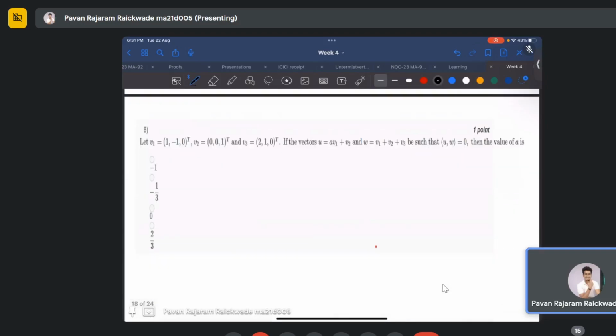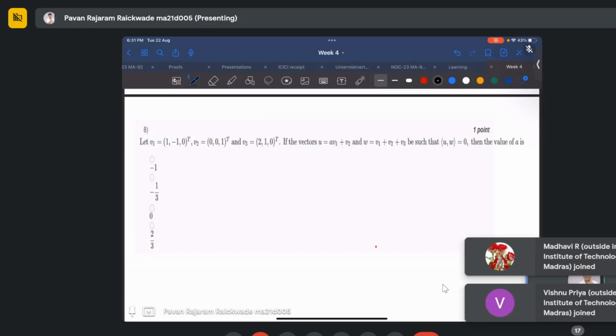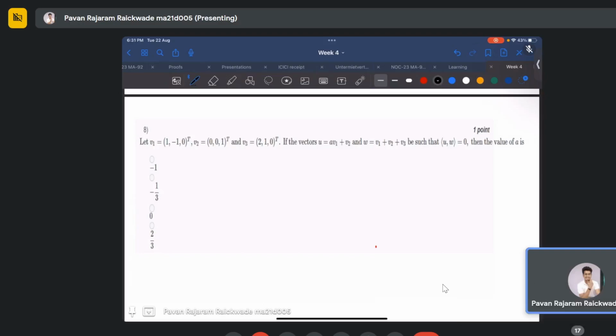Then we'll go for question number 8. We have v1, v2 and v3. If the vectors u, w are such that the inner product of u and w is 0, then the value of a is? So what you have is the inner product of (a, v1 plus v2) and (v1 plus v2 plus v3) is 0. What is this vector?